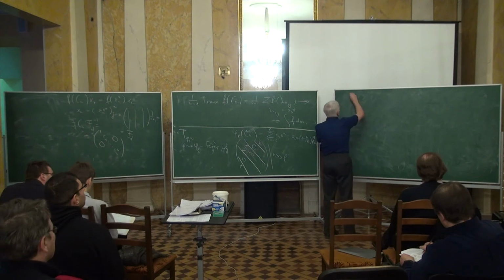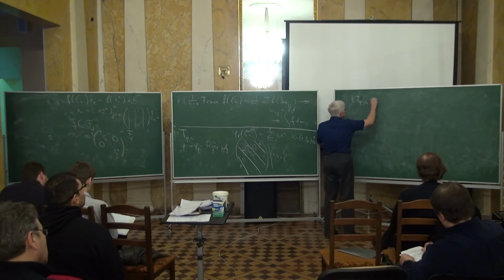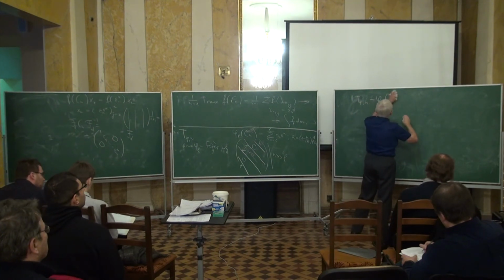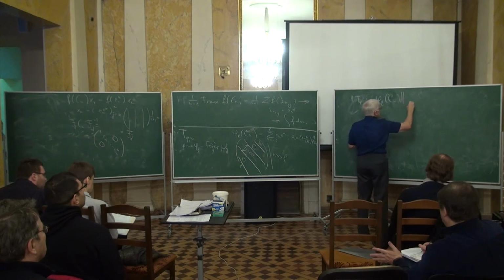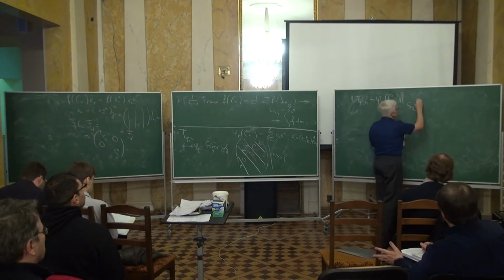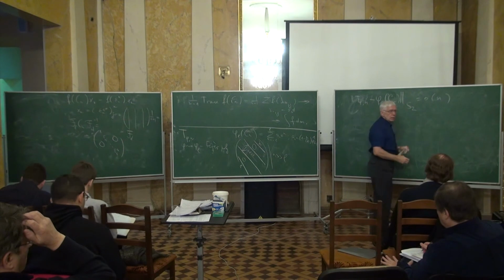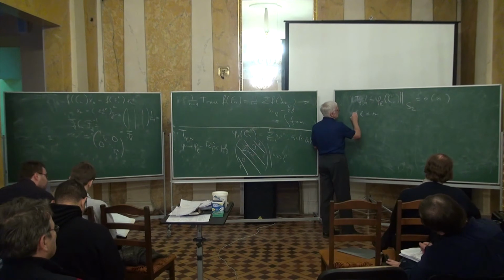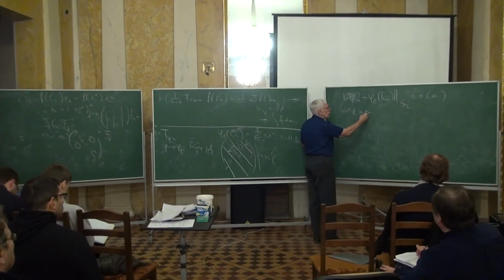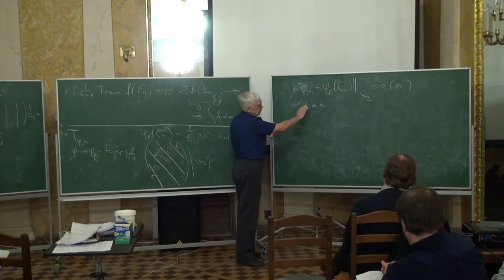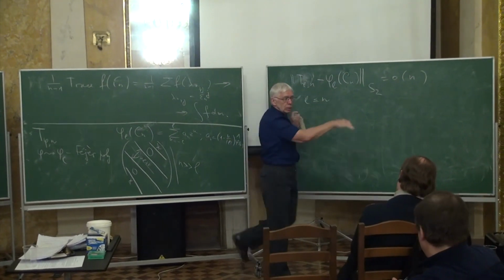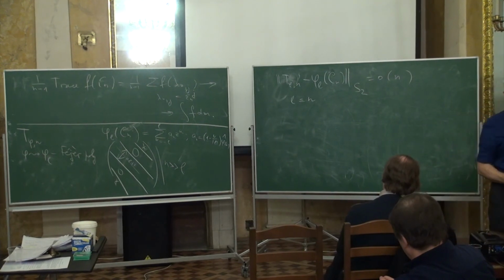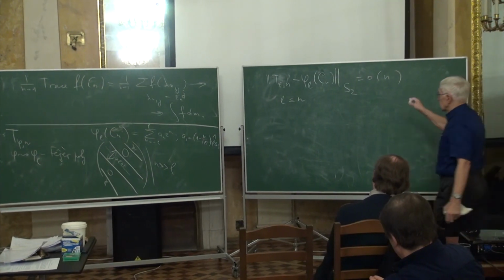That T_φ,n minus φ_L(C_n), in the Hilbert-Schmidt norm, is small o of n, if L is at least less than or equal. Better if L is small o of n, but it's also enough. It's very easy to calculate, because with the Hilbert-Schmidt norm we can have all the summations, and we'll see that this is the case.